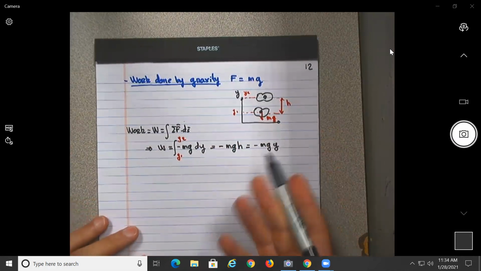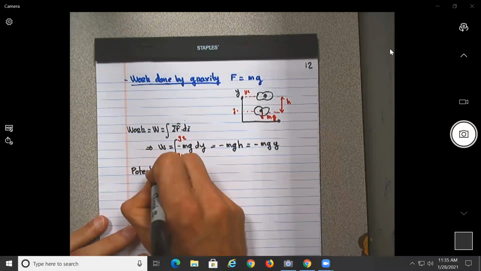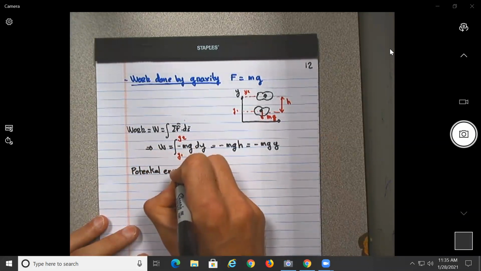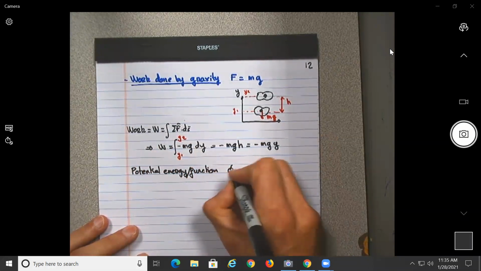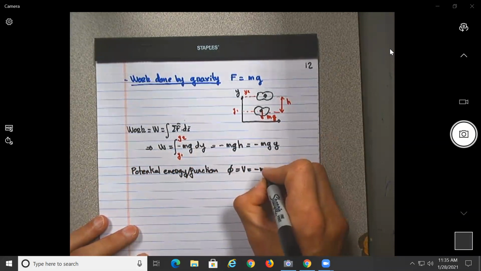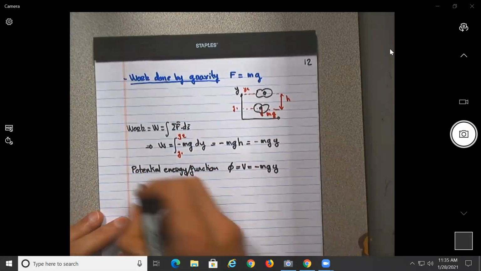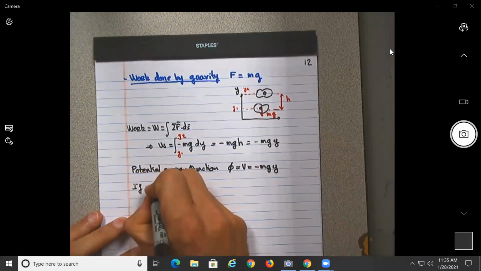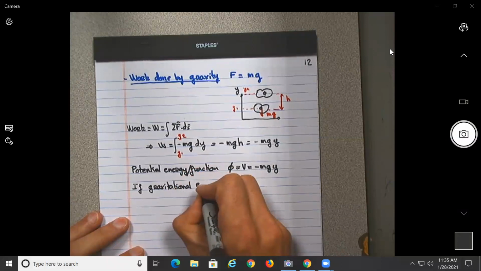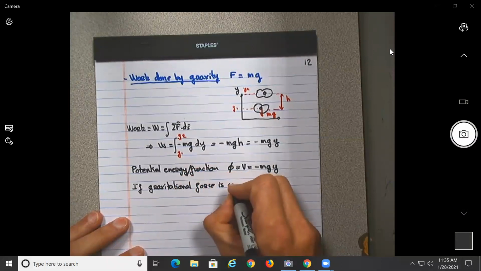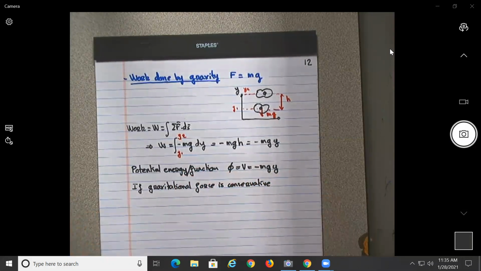So if we say that the potential energy function phi equal to V equal to minus mgy, if the gravitational force is conservative, then what needs to happen?